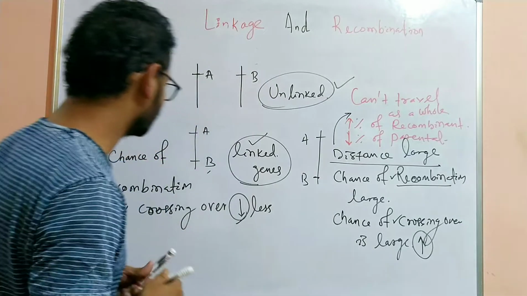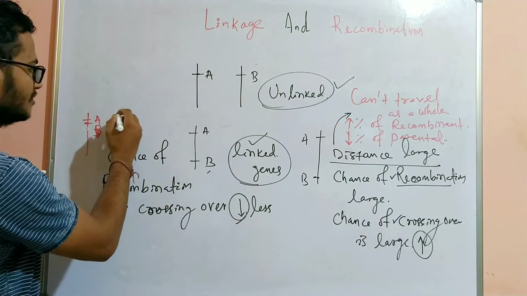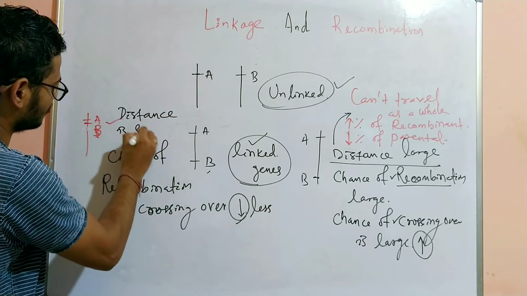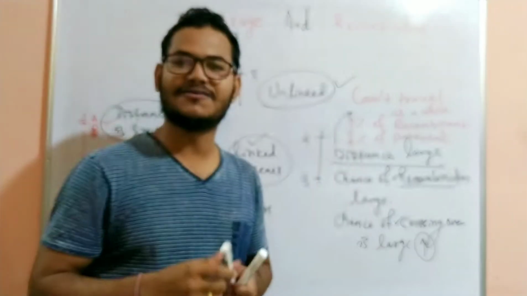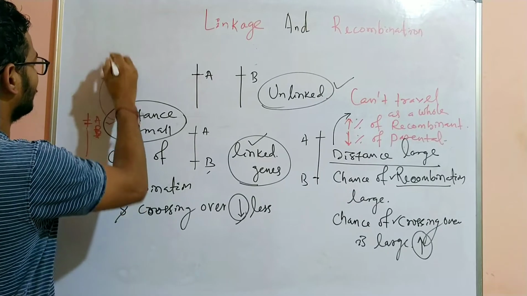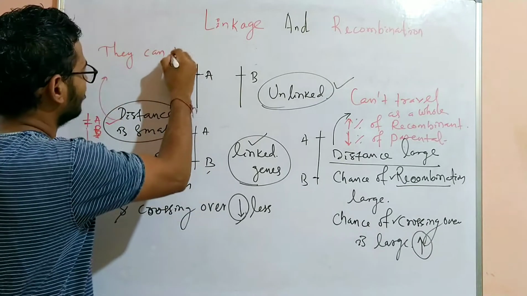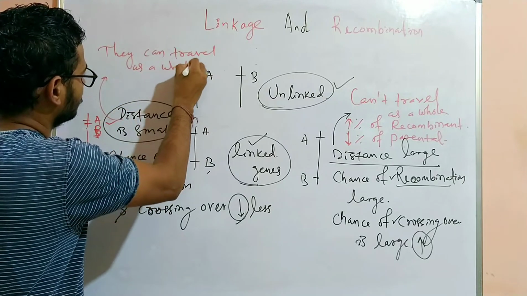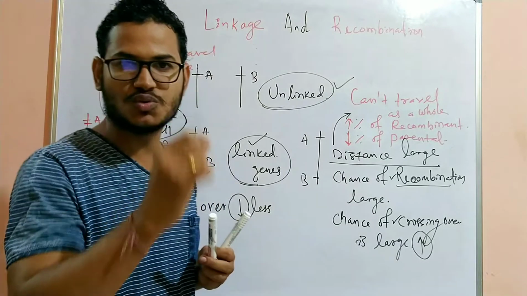But here in this case, when the genes are linked, the distance is small. When the distance between the genes is small, at that time they can travel as a whole, so they together can travel because they are very close to one another.